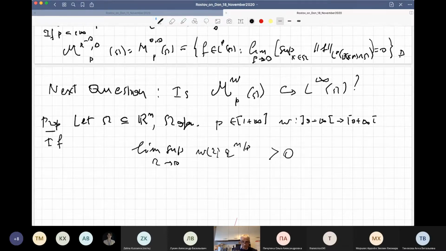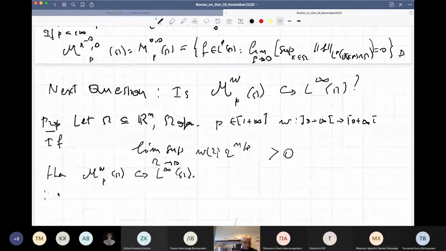Obviously, it's either 0 or greater than 0 plus infinity, but I want it strictly greater than 0. Then the Morrey space W P omega is continuously included in L infinity omega.